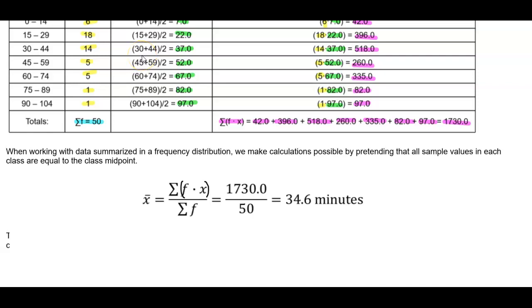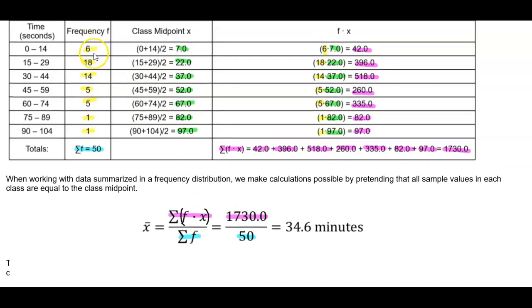So we know that the sum of the midpoint times the frequency is 1730. And we know the sum of the frequencies is 50. So therefore, when we divide those, we get 34.6 minutes. Now remember, the data in our set is 618.